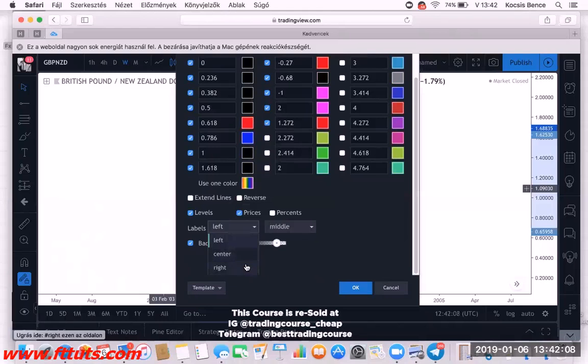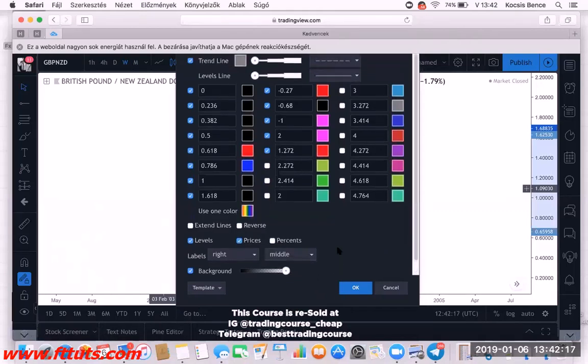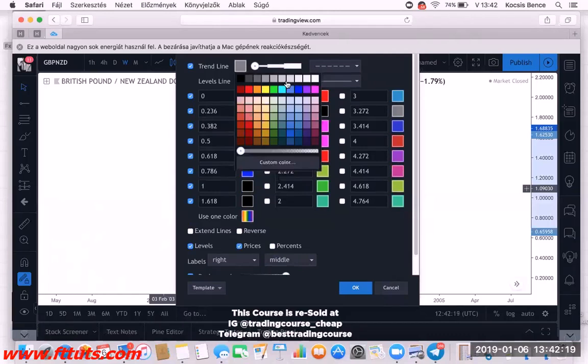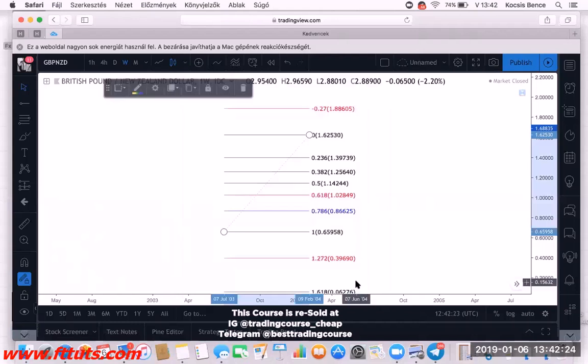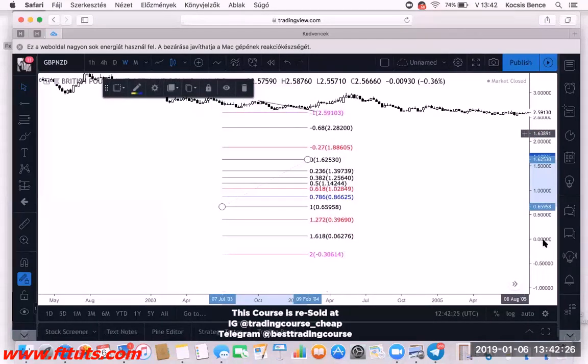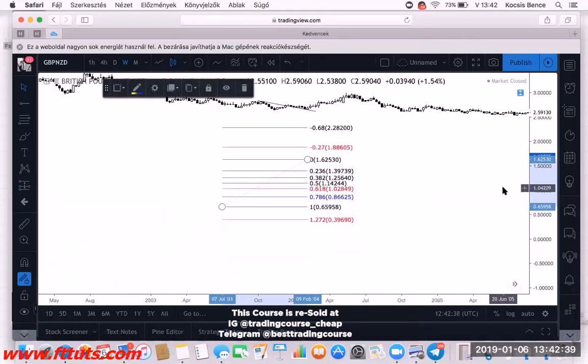So we need to change from left to right, and the background we need to move to the right side. Click OK. Excellent job. So at the moment we don't want to use the -1 and the 2 and the 61.80, so we can cancel them and click OK.